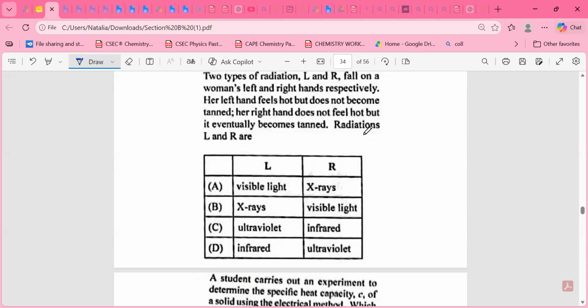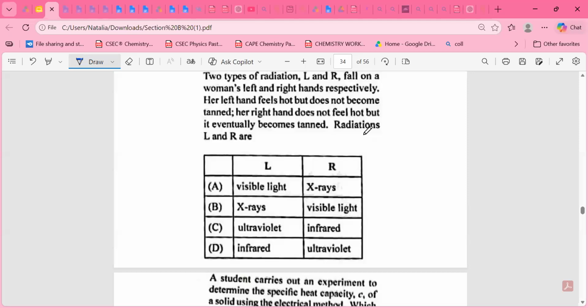Radiation L and R are... So L and R is which one? So the one that feels hot, and the one that tans, is which one?